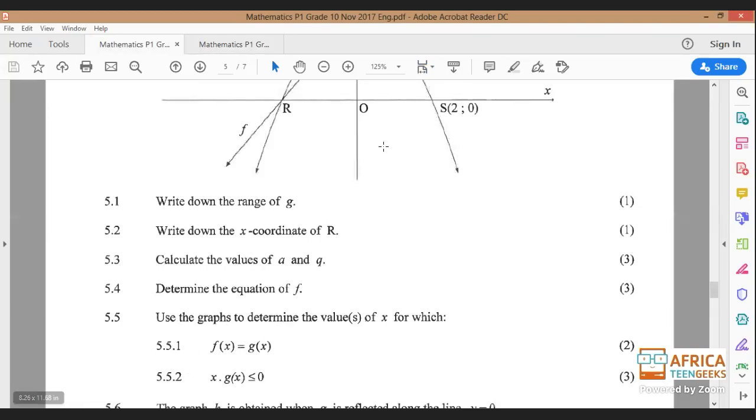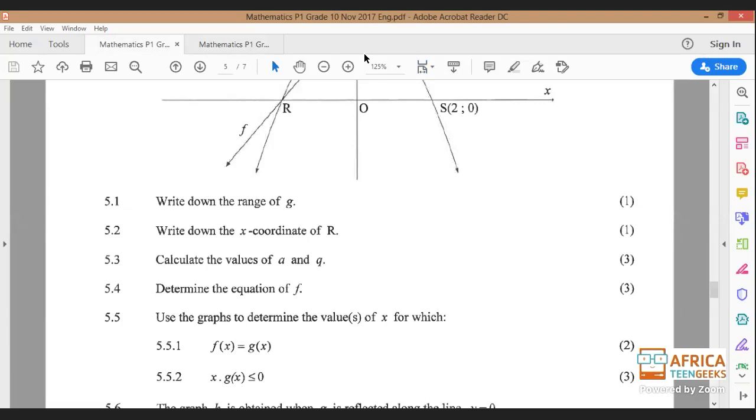I'm just going to give you 30 seconds, especially to do 5.1.1. Basically, you take the equation of f of x, you equate it with the equation of g of x, and you solve for x. This one, it's x times the equation of your g of x. It must be less than or equals to 0, right?